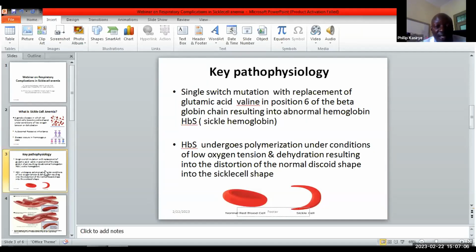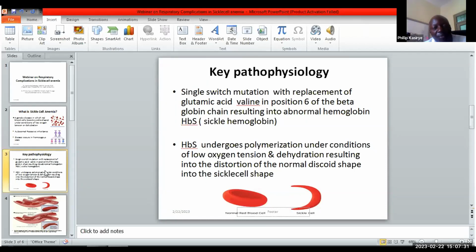Especially if two carriers have babies, there is a 1 in 4 chance of that pregnancy having a homozygous state, with 2 genes, 1 from each of the parents.